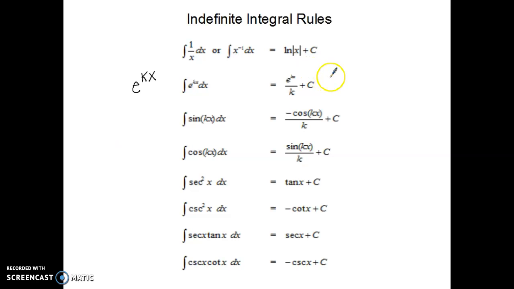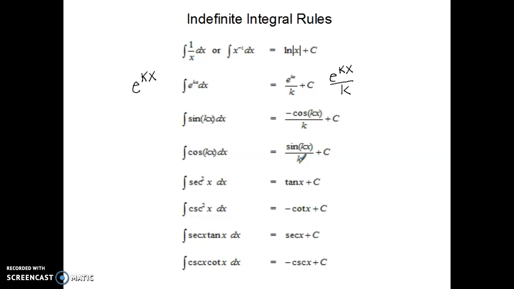And on the right-hand side, that would be e raised to the kx again, divided by k, if you can't read that. And then in each of these other ones with sine and cosine, there's also a letter k in front of my x. K is just a numerical value, so keep that in mind.